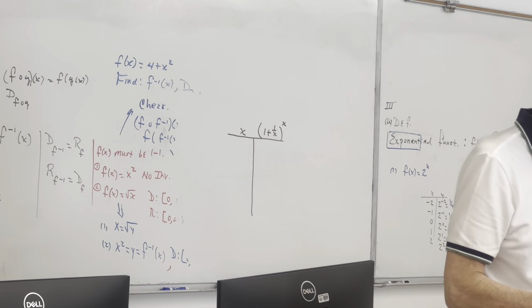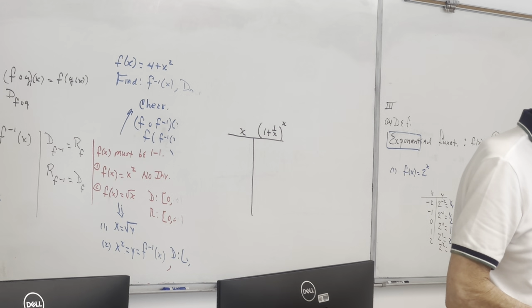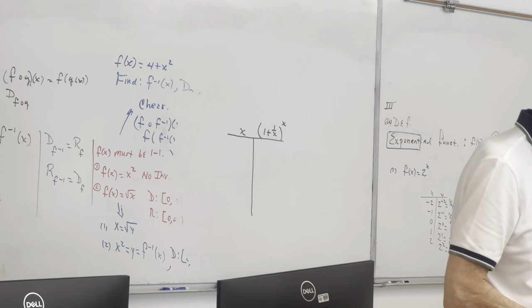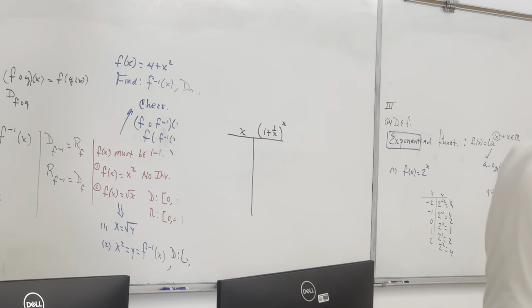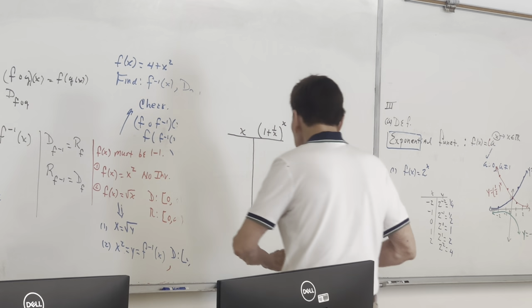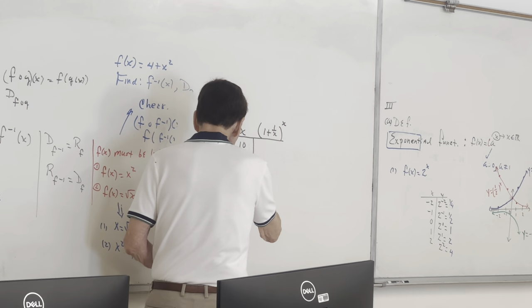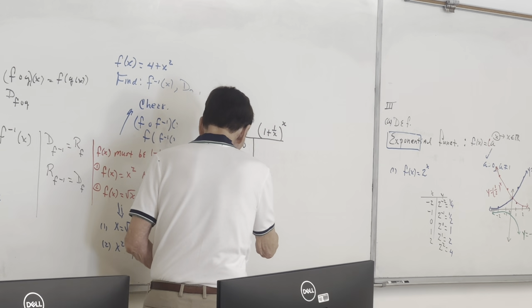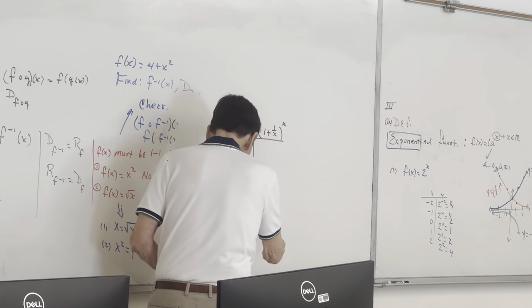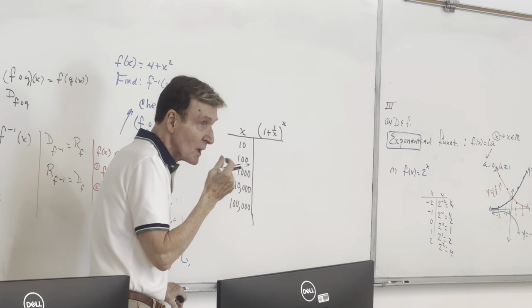Everybody sitting there thinking, where's the door? I gotta leave. That man's gone crazy. 1 plus 1 over x raised to the x. I'm gonna place some numbers in the X column first. I'm gonna place numbers for a reason that may look like this. Not gonna add more, but I think there'll be enough. Place large numbers for a reason.